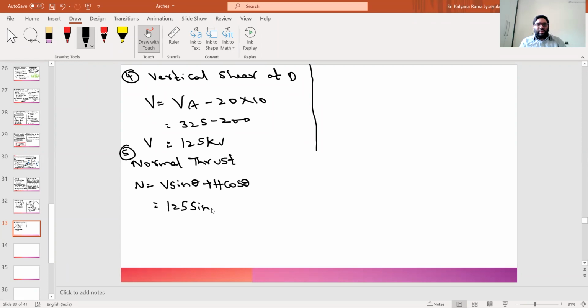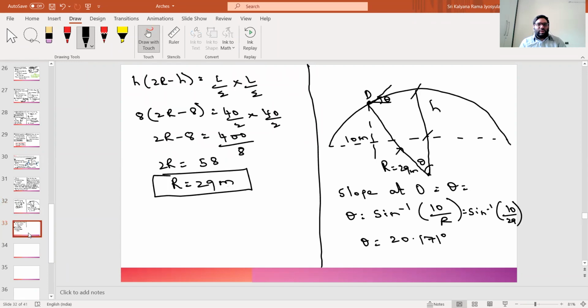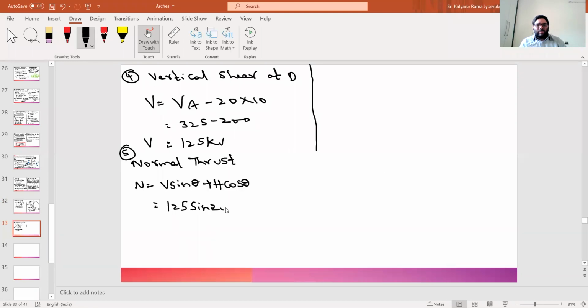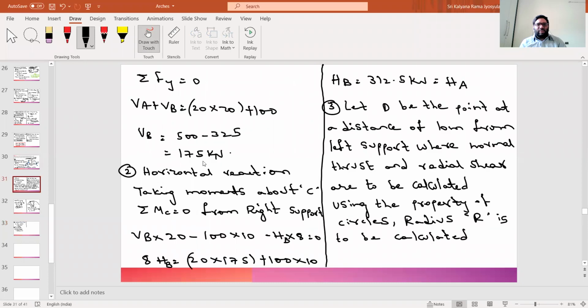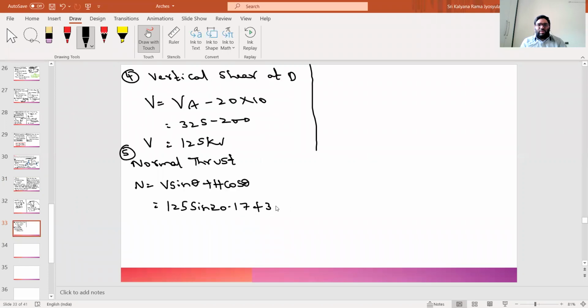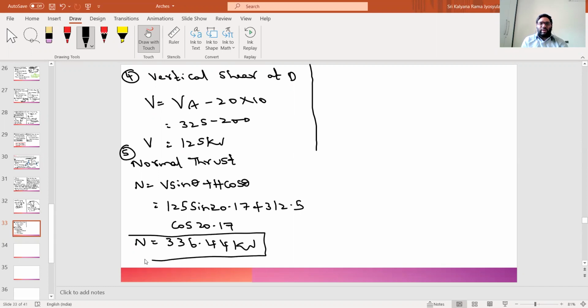So 125 sin theta, where theta is 20.17, plus what is H? H is 312.5, so 312.5 cos 20.17. Therefore, when we substitute the values, N is equal to 336.44 kilonewton. So this is the normal thrust for the three-hinged circular arch.